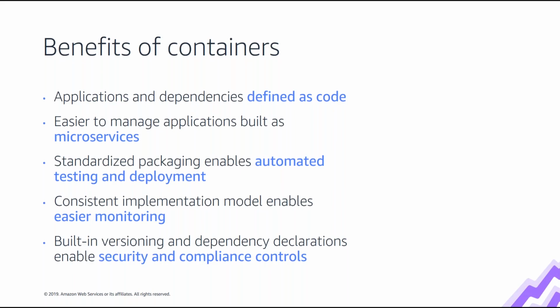Containers enable much richer security and compliance control by being able to define versions and dependencies within code itself, allowing containers to be tested as part of a CI/CD process. This ensures that the container object has only what has been tested.